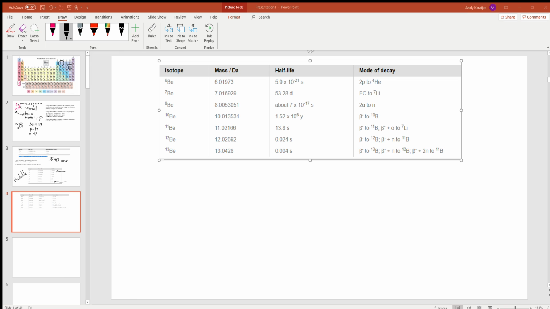And beryllium-6 does exist, but as you can see, it has a half-life of 5.9 times 10 to the minus 21st seconds. So again, in other words, it takes about 6 times 10 to the minus 21st seconds for half of it to decay. And so that's one of the shortest-lived isotopes out there that exists.